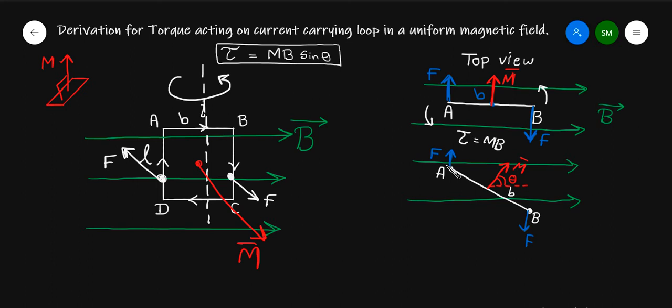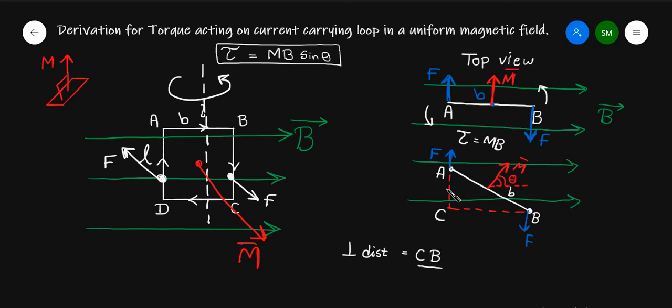Earlier we said that the perpendicular distance between the two forces is this small b. Now this perpendicular distance between the two forces decreases. How? Look at this diagram, A, B and C. Now I can say the perpendicular distance between the two forces in this position is CB. It is CB.